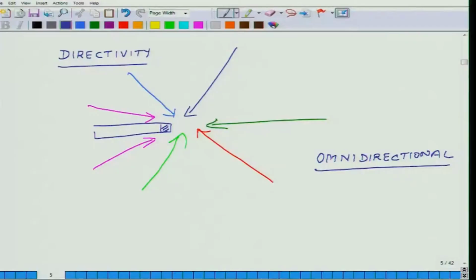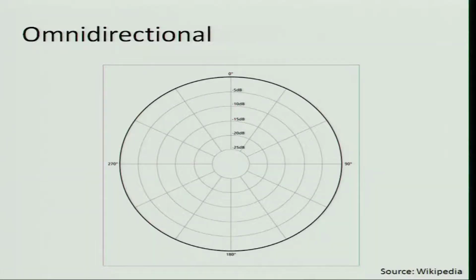Now I will talk about different types of microphones which have different directivity characteristics. We will see some of these pictures. So this is the omnidirectional microphone.